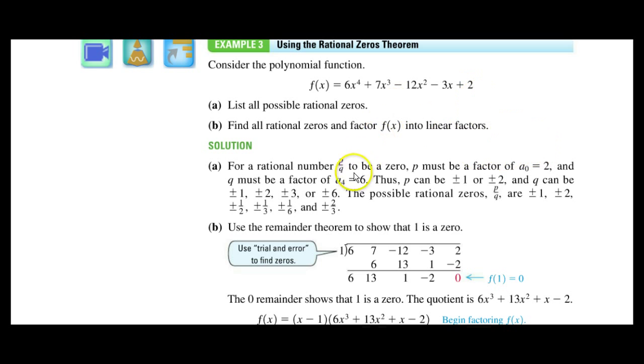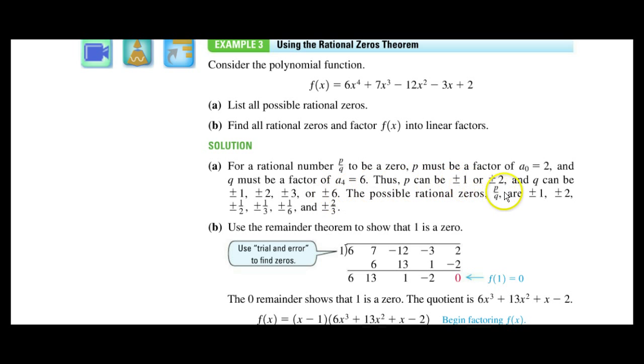And our lead coefficient is 6, which is up here, a sub 4, right there. Now, when we make a ratio of these numbers, it could be plus or minus 1, plus or minus 2, plus or minus 3, plus or minus 6.